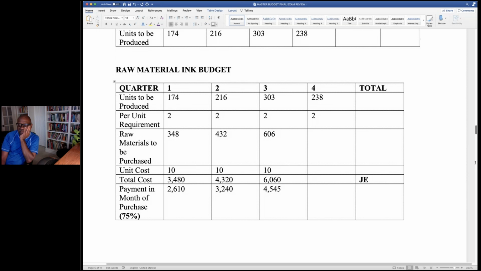The materials to be purchased is 476. Our total cost is going to be 4,760. And then we take 75% of that, and we get 3,570.